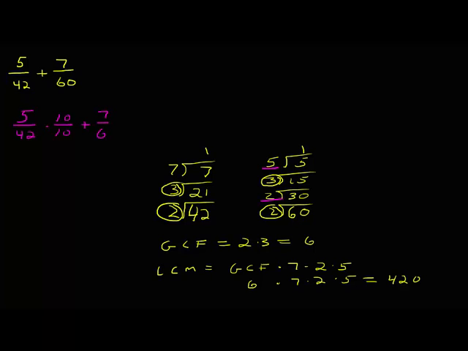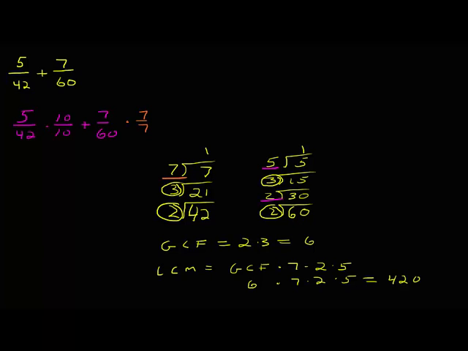Well, the 60 has everything in its prime factor ladder. It needs the things in the other prime factorization that are not circled. It needs 7. So we're going to multiply that 7 over 60 by 7 over 7.